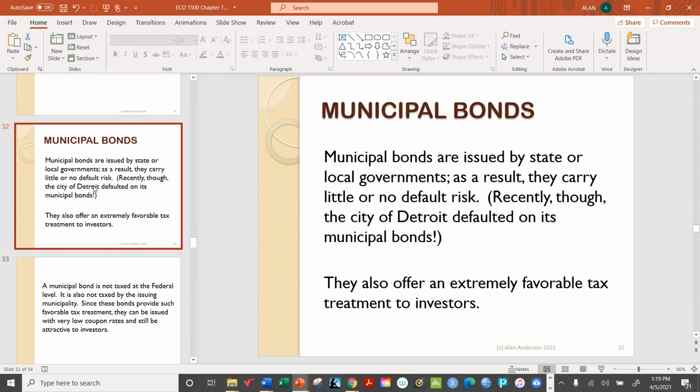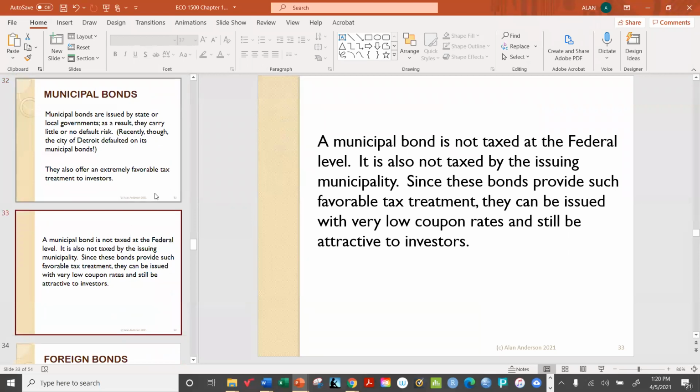And these also are attractive to very high net worth individuals because they have extremely favorable tax treatment. In fact, if you live and work in New York City, then a municipal bond issued by the city of New York is not taxable at the city, state, or federal level. You're essentially getting a tax-free rate of return. So they're attractive, but not so much to people in lower income brackets, but to wealthier people.